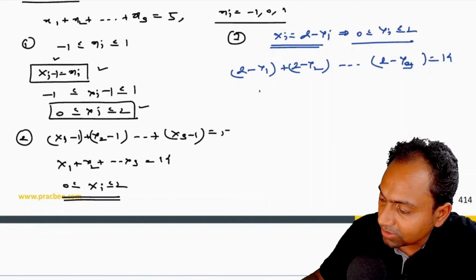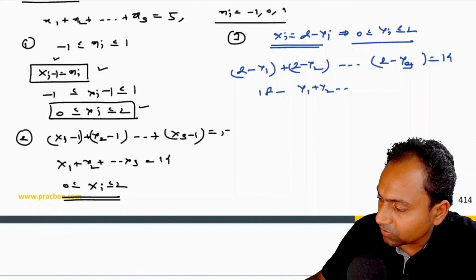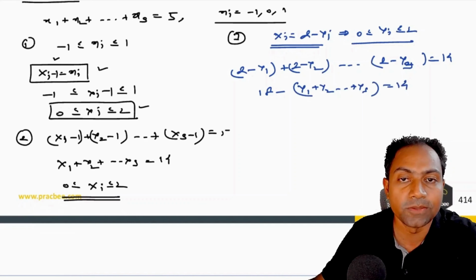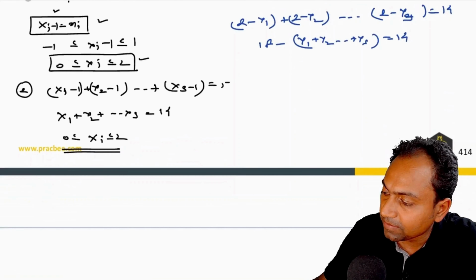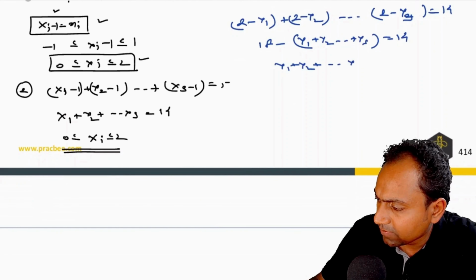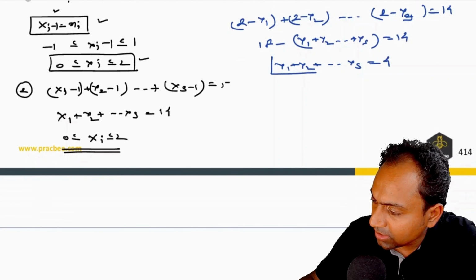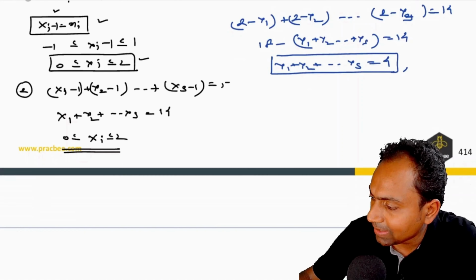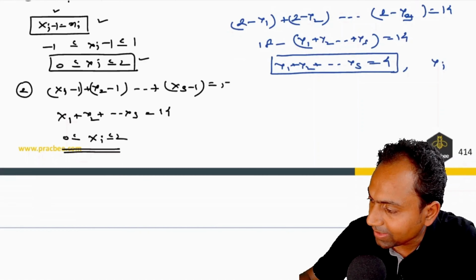So what we are getting on the left hand side is 18 minus (y1 plus y2 up till y9), put the brackets, equal to 14. Or we can write this as y1 plus y2 till y9 equal to nothing but 4. So now it is in the range of applying Beggar's method because now your yi lies between 0 and 2.